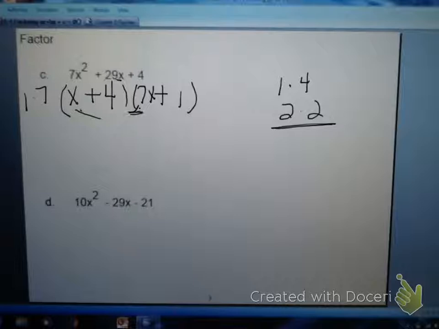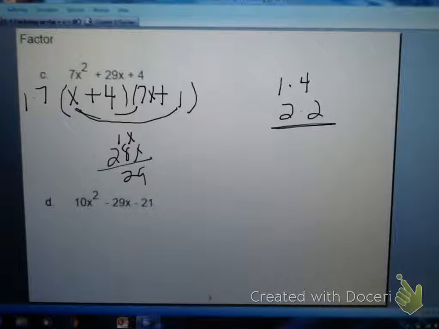Flip the 4 and the 1 around. Okay, so now I'm ready to check. My outside is 1x and my inside is 28x, which is 29x, and that is my middle term. So I finally got it.